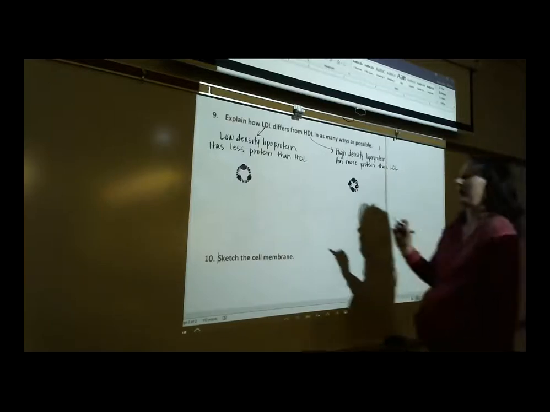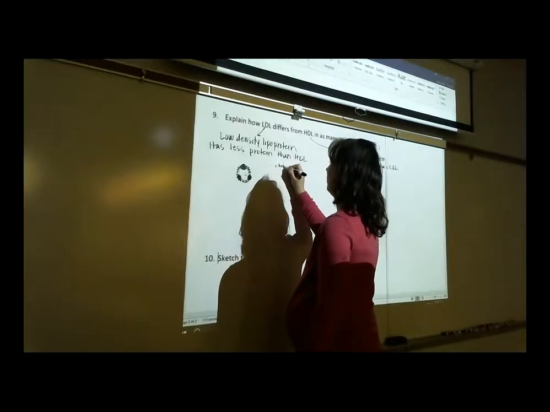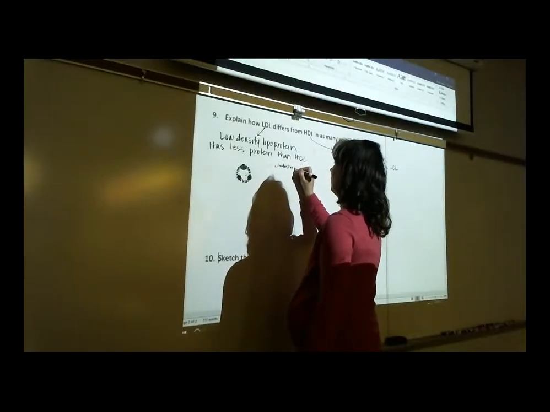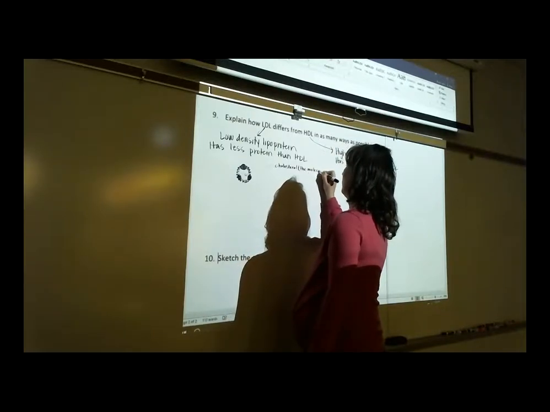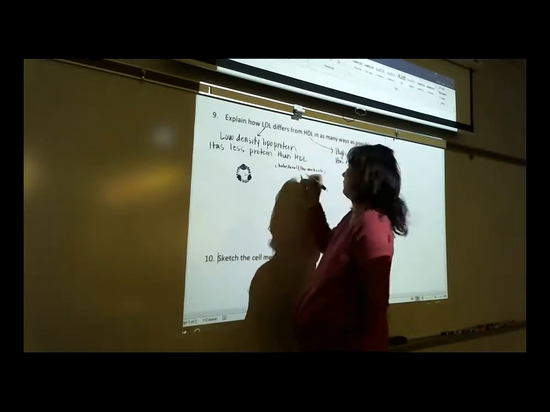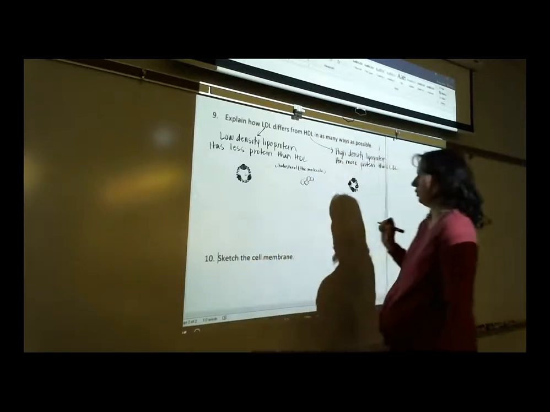And then inside both, you have cholesterol, the molecule, the fused ring. Remember, all steroids have that steroid nucleus.